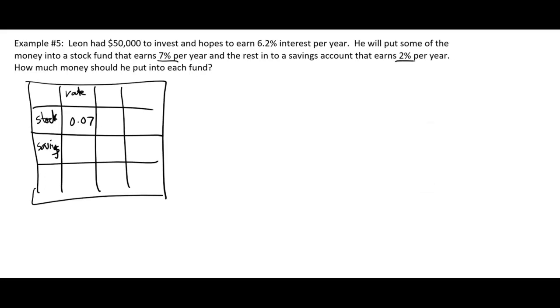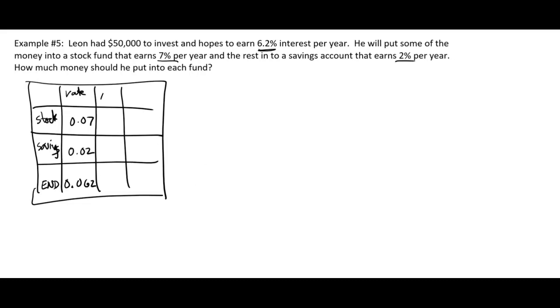And then the savings account earns 2%, so 0.02. And he's hoping that with his investments, he'll get 6.2%, so 0.062. That's what he's hoping for. So in the end, after his year goes by, he's hoping that he earned an average of 6.2%.